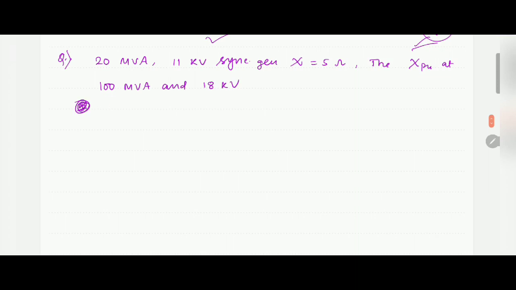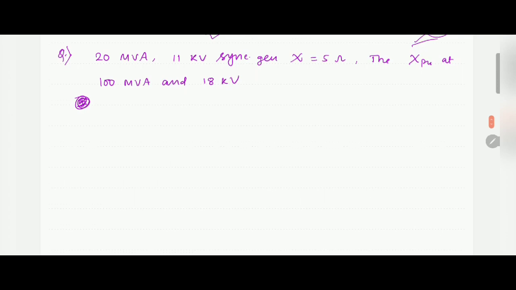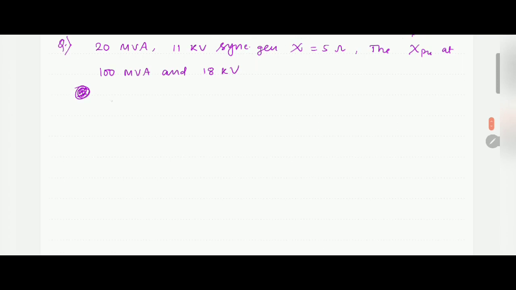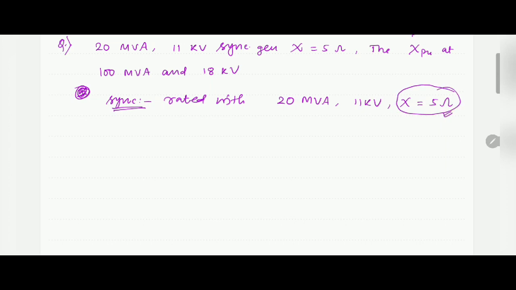So here we say that this synchronous generator is rated with 20 MVA, 11 kV, and reactance is given as 5 ohm. Since the reactance is given in terms of ohm, this reactance is the actual reactance.